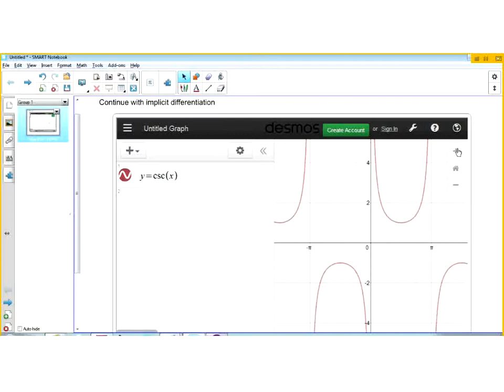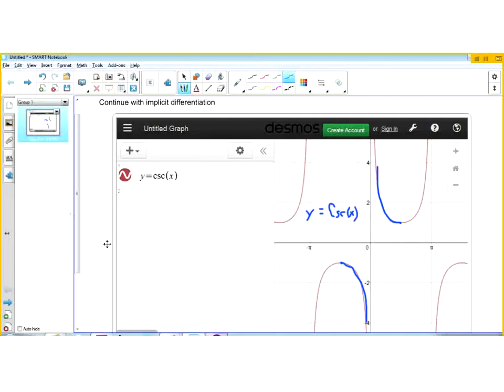All right, so now it appears that an appropriate principal part of the cosecant function would be, say, this branch. If we start at this point, and this branch. Okay, so if we peel off these parts of the cosecant function, we'll have the principal cosecant, which is uppercase C, CSC, y is equal to cosecant x.